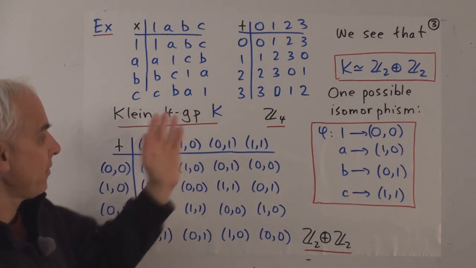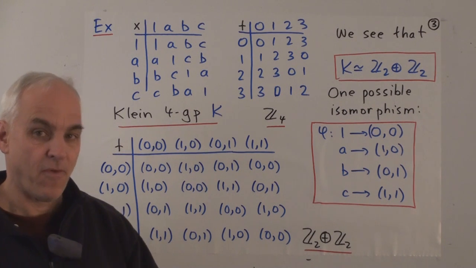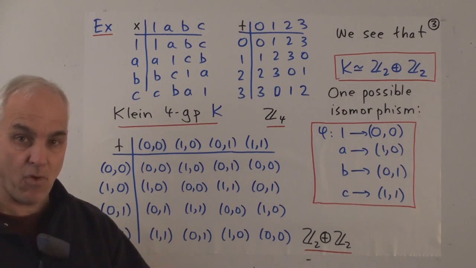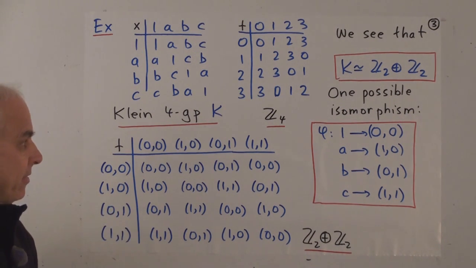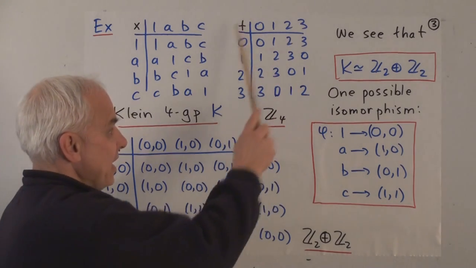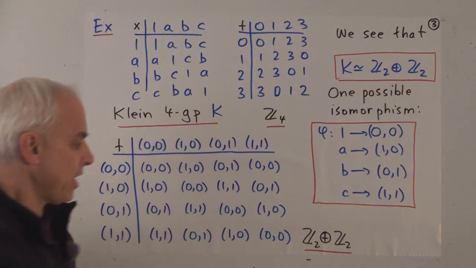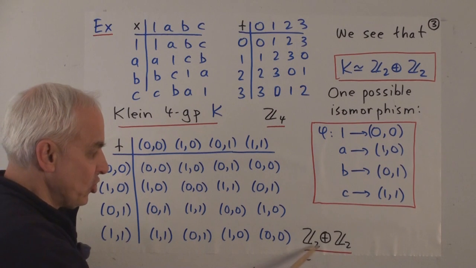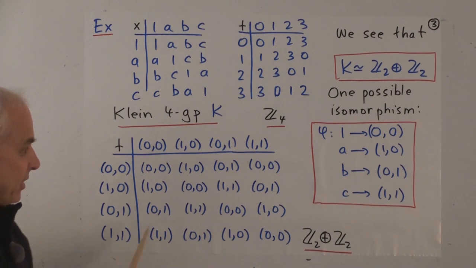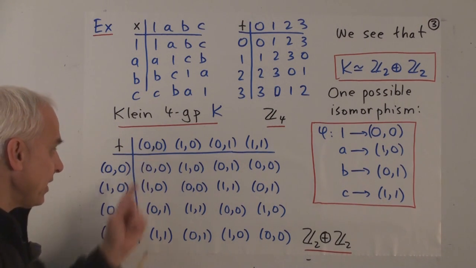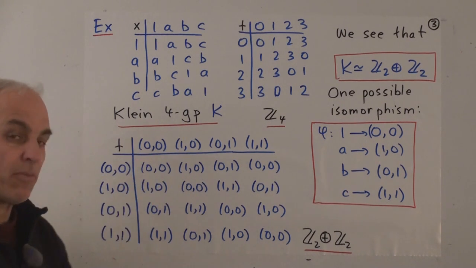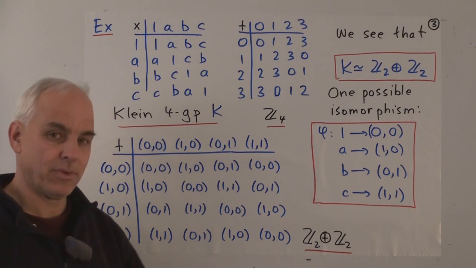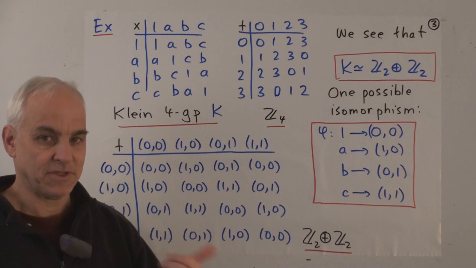Here are three groups of order 4, that in other words have 4 elements altogether. There's the cyclic group Z4. There's the direct sum Z2 plus Z2, consisting of pairs of elements, each component belonging to Z2. Z2 only consists of 0 and 1.